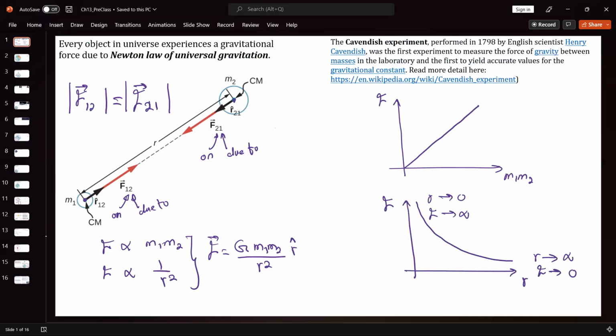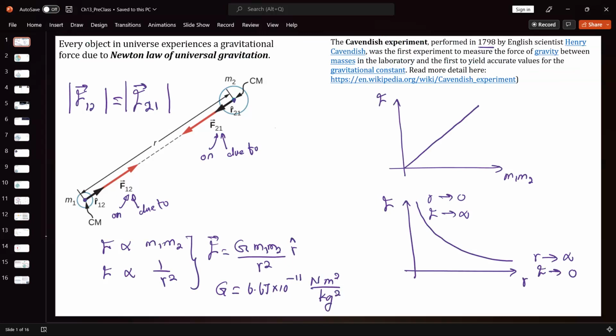And this gravitational constant G was actually measured a very long time ago, in 1798, by the Cavendish experiment. You can read the information later. The value is something like 6.67 times 10 to the negative 11, and the unit is Newton meter squared divided by kilogram squared.